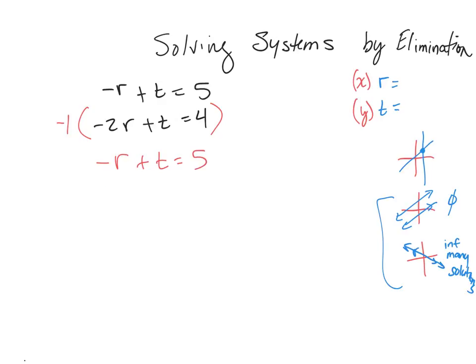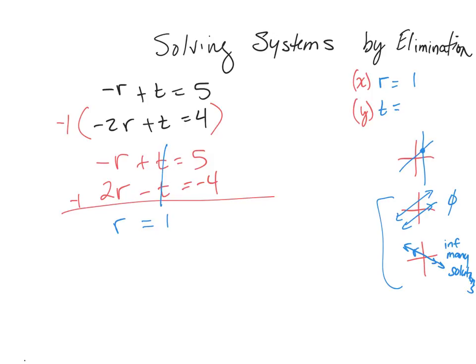The second one, we're going to change all the signs. Now, if I add these two equations together, the t's bite the dust. And I have r, because 2r minus 1r is r, equals 1. Look, I already found one of my guys. I found r. So, we have r, we need t.